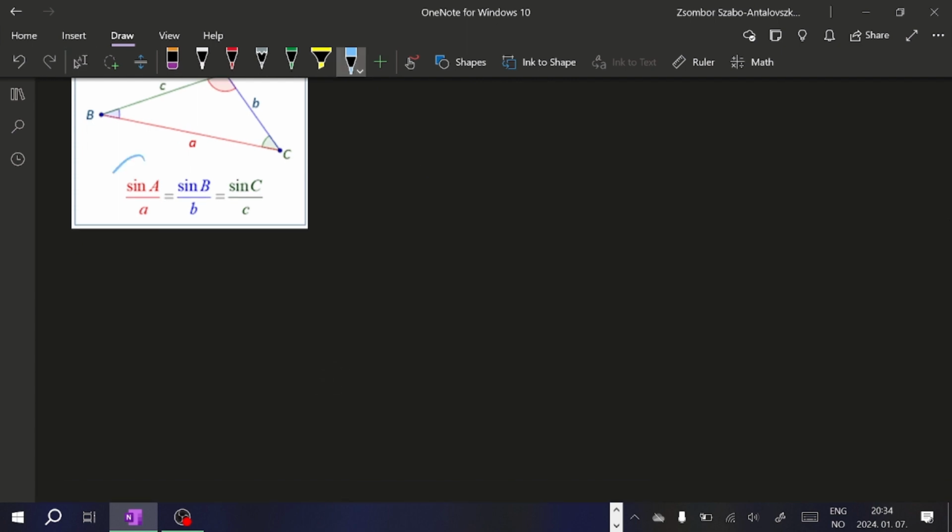Sine of A divided by a equals sine of B divided by b equals sine of C divided by c. You should notice that these letters after the sine are all capitalized, and these here are lowercase.